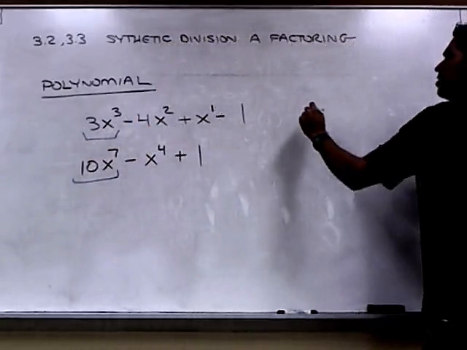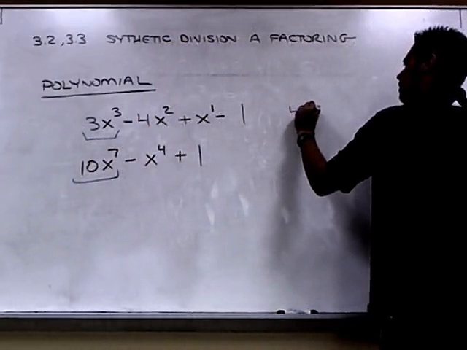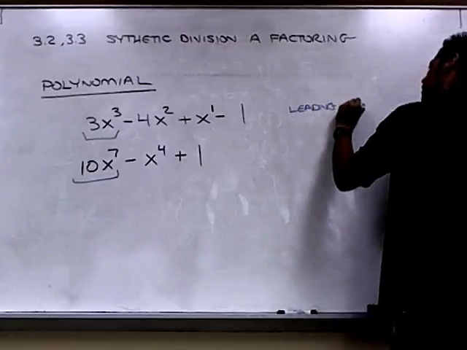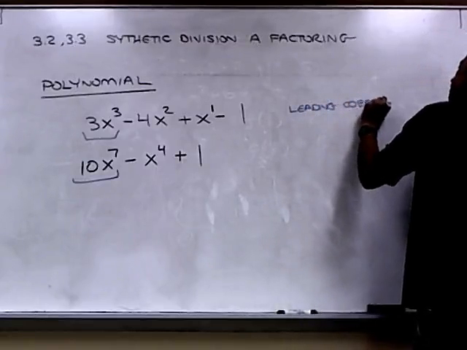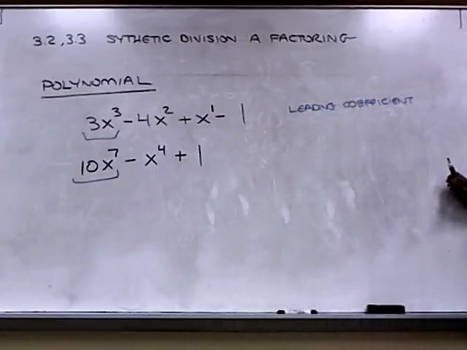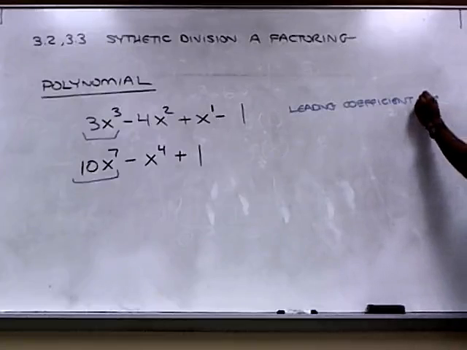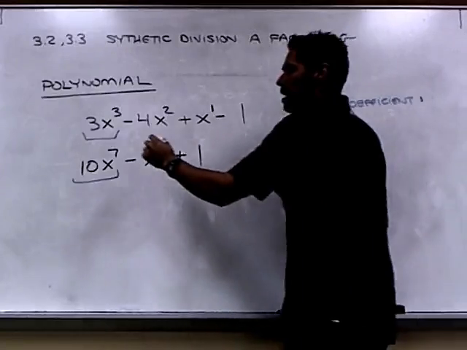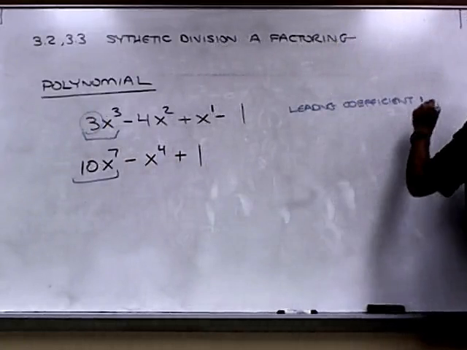First of all, they each have something called the leading coefficient. The leading coefficient is the number that's in front of the x. So what's the leading coefficient in that first one? It's the 3. It's the number in front, so that's 3.